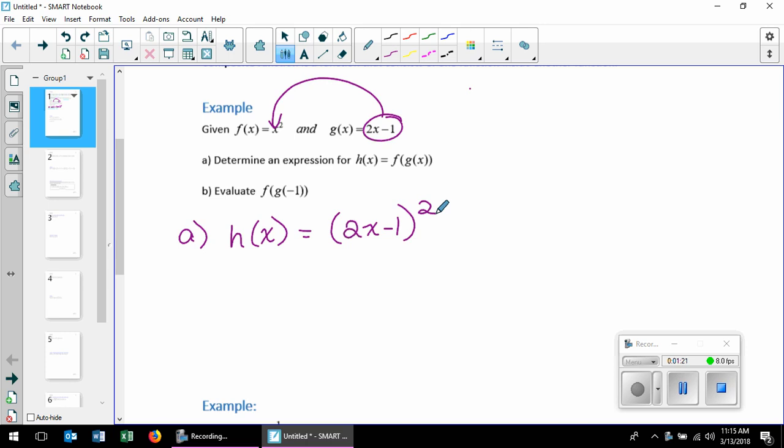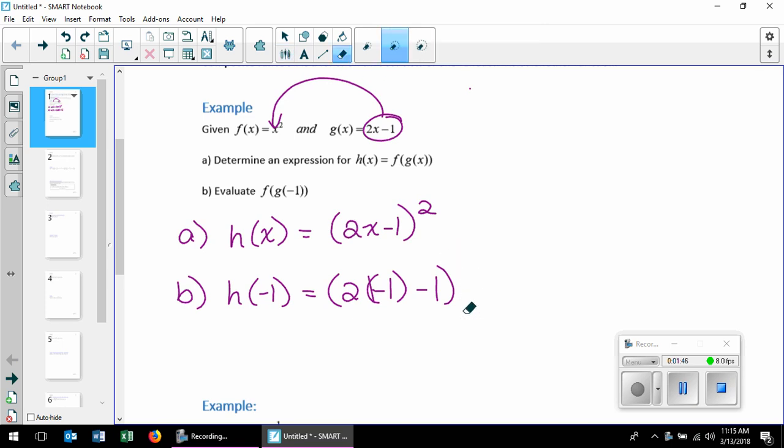Okay. So that's really easy peasy. Doing that stuff is all grade 12. You guys have done this a million times. If we were to evaluate that, so f of g of x, so I've got the expression. All I have to do is substitute in -1. I've got too many brackets, I have to explain it there.